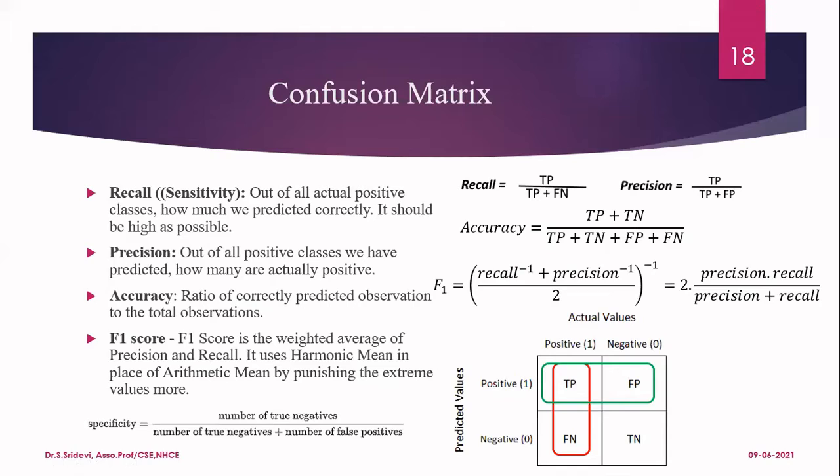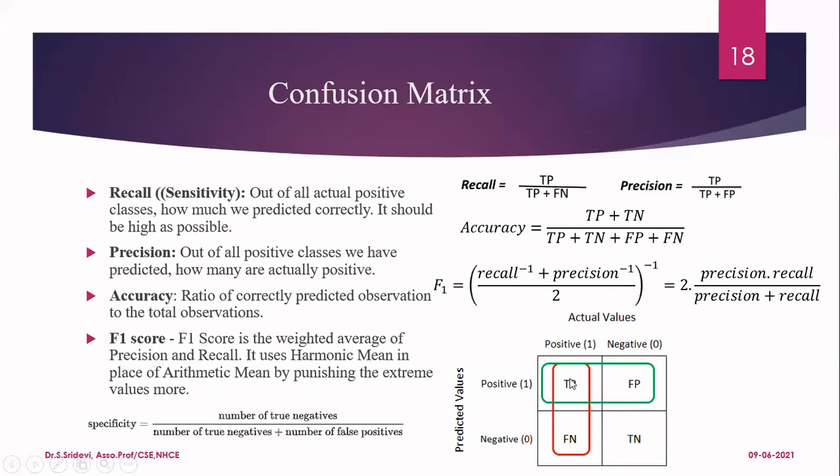This is one thing. And the second is called precision. Precision stands for out of all positive classes we have predicted. That means you take the predicted values and see how many are positive. You have predicted all these as positive, but not all are actually positive. So out of those values, how many are actually positive?